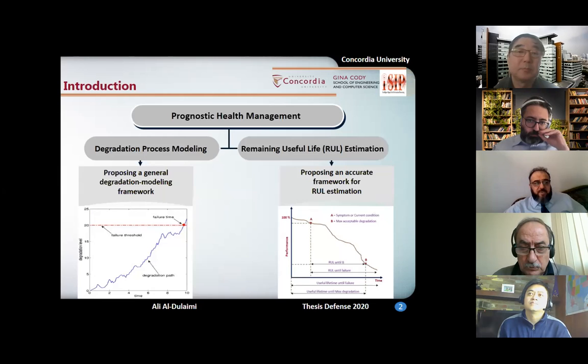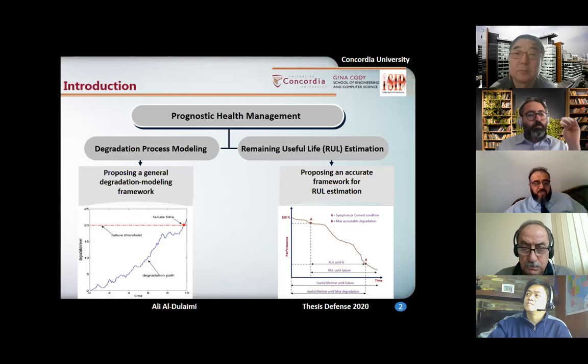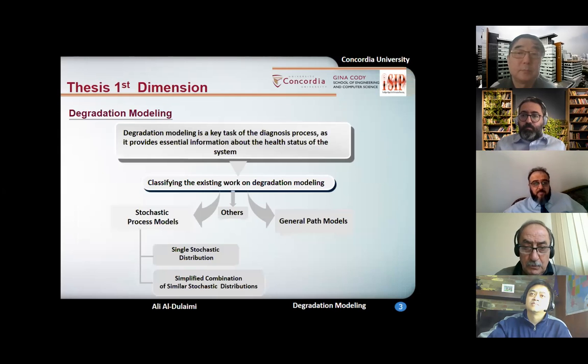Basically, the focus of the PHM is centered around two interrelated research directions: the degradation process modeling and the remaining useful life estimation. From that, we establish our two dimensions in this thesis, which are proposing a general degradation modeling framework and proposing an accurate framework for RUL estimation.